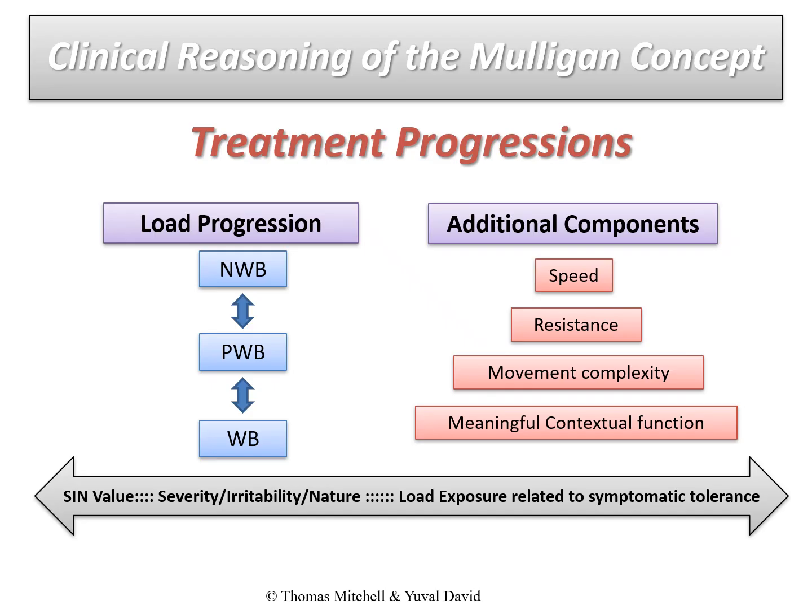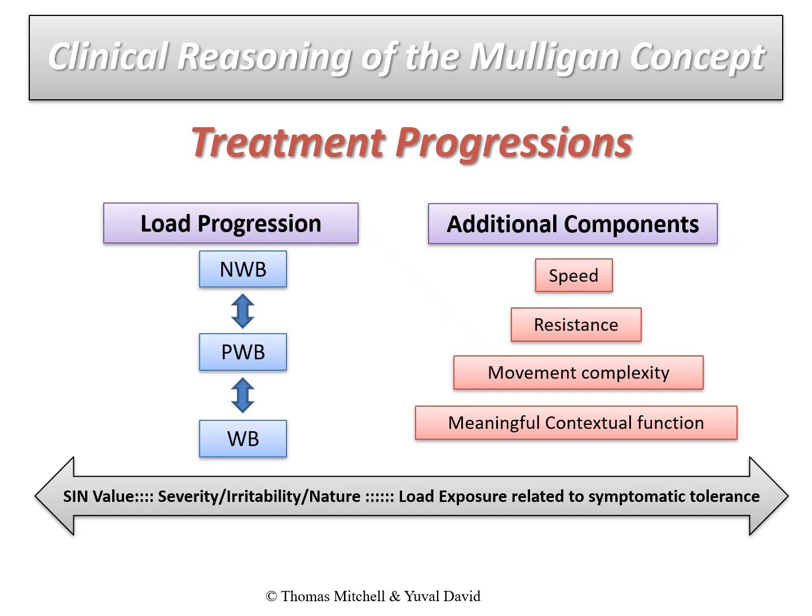When applying assessments and treatment with the Mulligan Concept, consider the patient's sin, severity, irritability, and nature of his condition. For those not familiar, in short, severity is the level of patient pain, usually between 0 to 10.